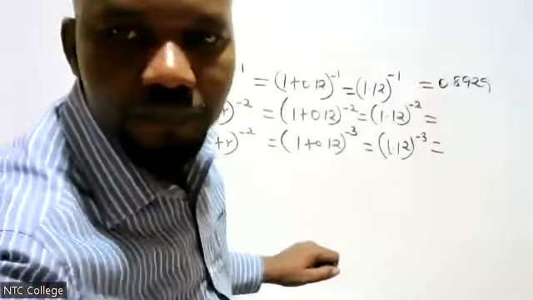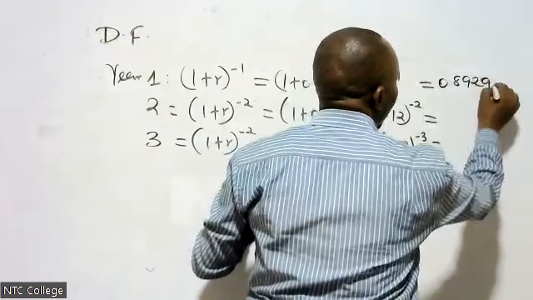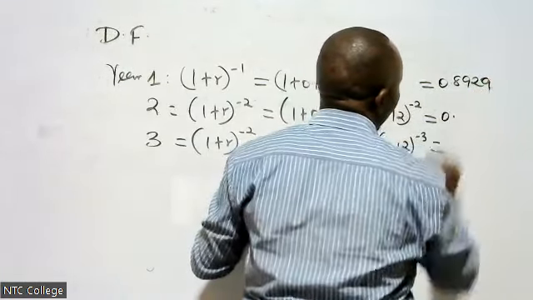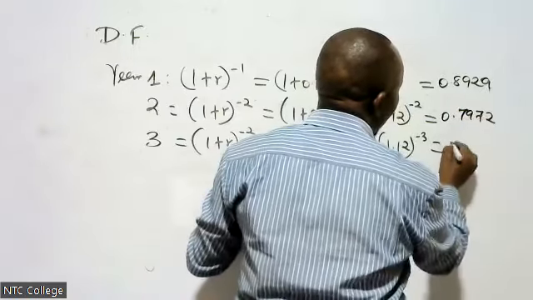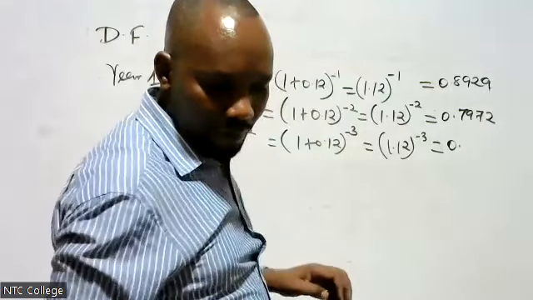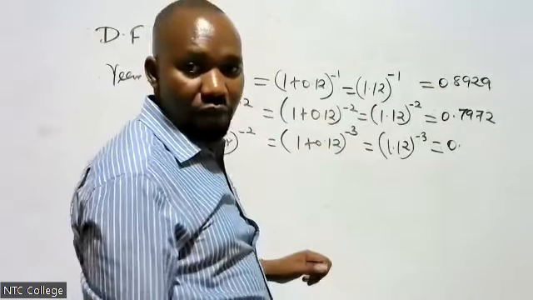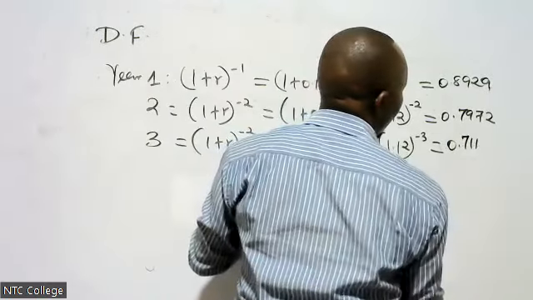Year 2 is 0.7972. Year 3 should be 0.6 something or 0.7, a lower figure. 0.7 what? 0.7118.